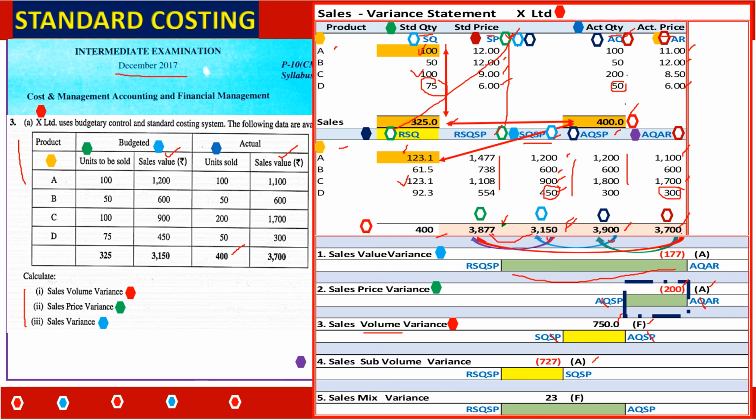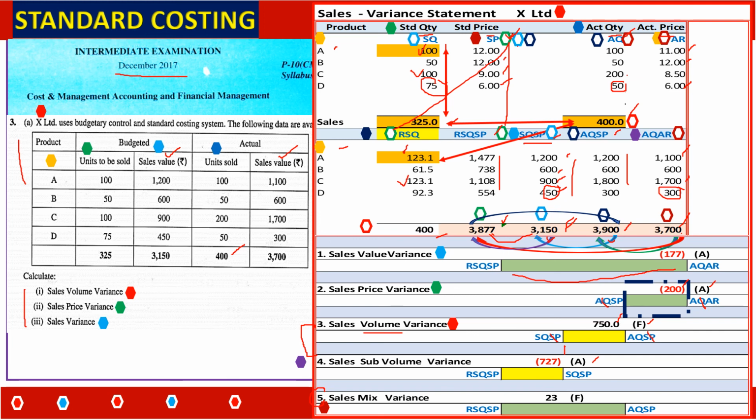Similarly, sales mix variance is nothing but RSQSP minus AQSP, longer one, and that will be 3,900 minus 3,877. And as we have seen, item number 5 is the total of 3 and 4.